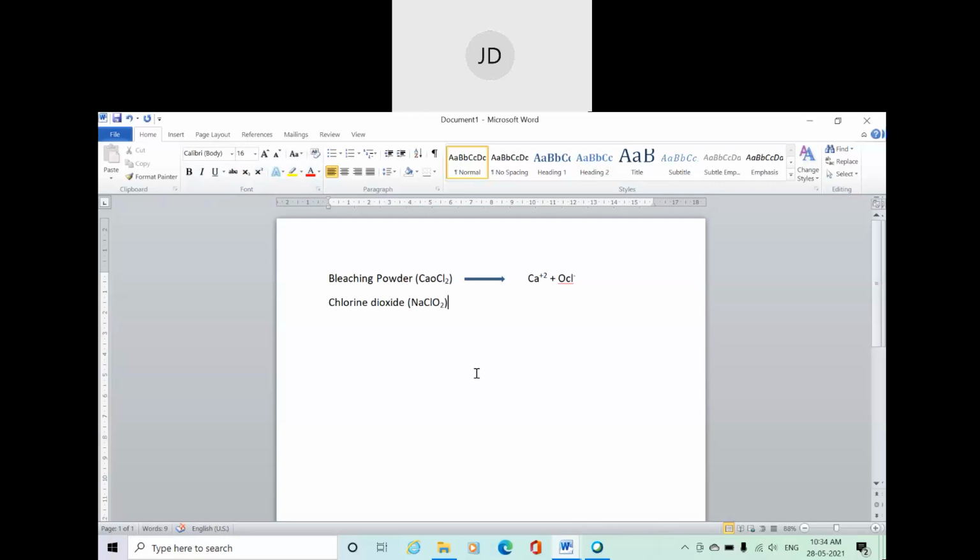So it is not usually used, but chemically it can purify water and be used as a disinfectant. That is about chlorination.